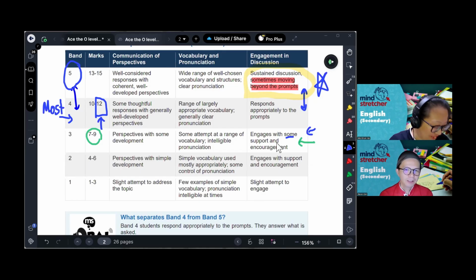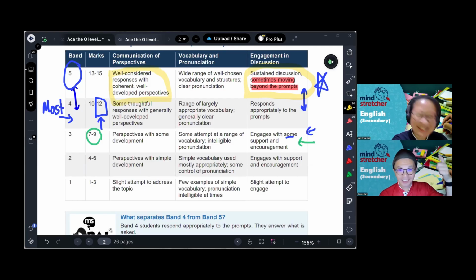Now, if you listen to Mr. Sham and myself talking to you in real time, you realize that our speech is not perfect. It's not 100% perfect English. Your response for this section of the exam does not need to be 100% perfect English. Why? Because the rubric says it just needs to be well considered, meaning that there are a few different perspectives on it.